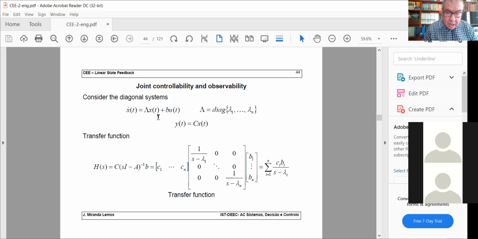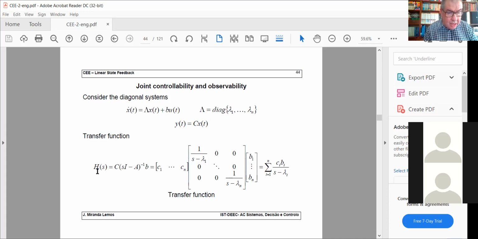But it can be smaller. Suppose that some of the C's or some of the B's are 0. Then the corresponding term collapses, and you are summing over fewer than n terms, so the transfer function will have order smaller than n. Or suppose that you have repeated lambdas. In that case, again, some terms can be added up, and the order is smaller than n.